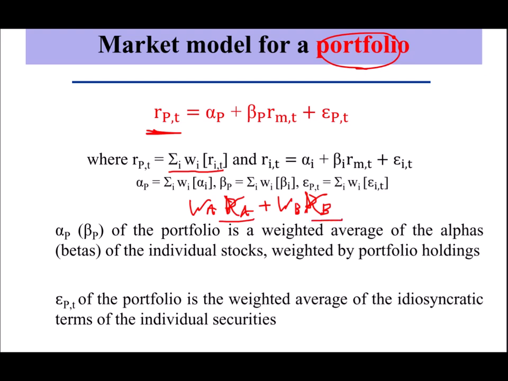Then we can compute the market model for portfolio P. So alpha P is going to be the weighted average of each asset's constant, and beta P is going to be the weighted average of each company's beta, and we have the market portfolio return and the weighted average of each company's idiosyncratic terms. That's the epsilon P.